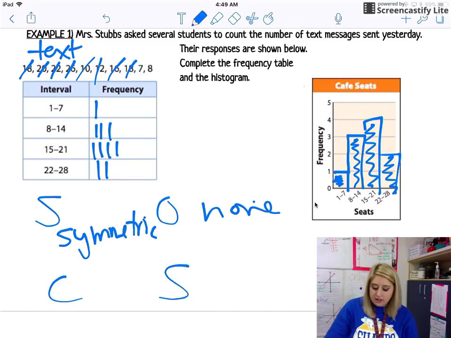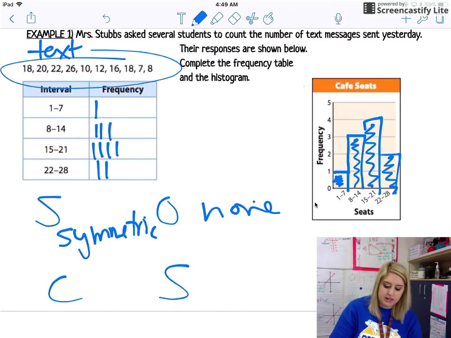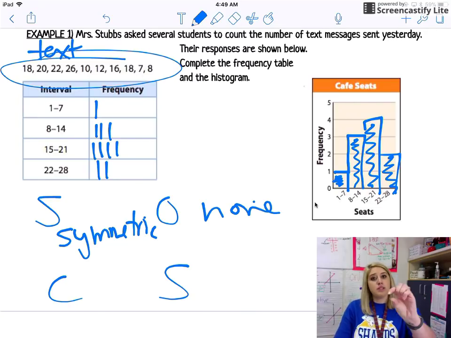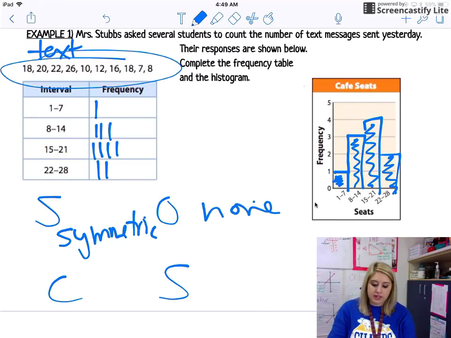For the center, mean and median, I could go ahead and calculate that, but I would have to use these text message numbers here. So for my center, I'm just going to talk about where most of the data is and where the mean and median probably are going to be. Most of my data is between 15 and 21.